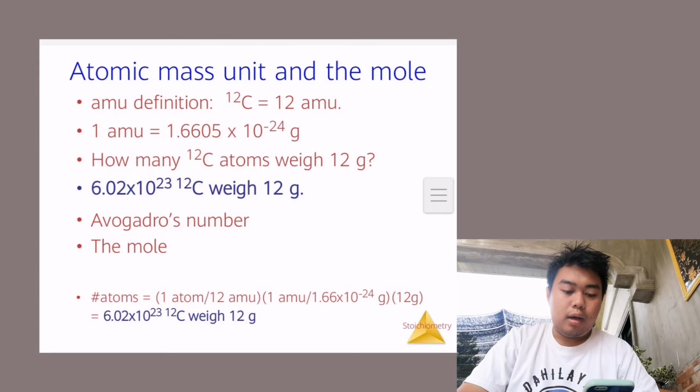And the fifth, Avogadro's number, the mole number. Number of atoms equals 1 atom per 12 amu times 1 amu divided by 1.66 times 10 to the minus 24 grams times 12 equals 6.02 times 10 to the 23rd. Carbon-12 atoms weigh 12 grams.